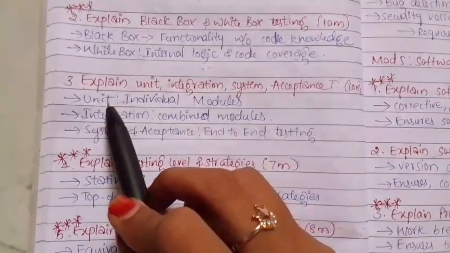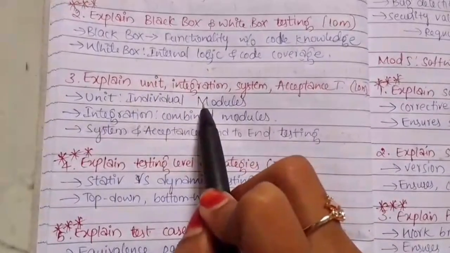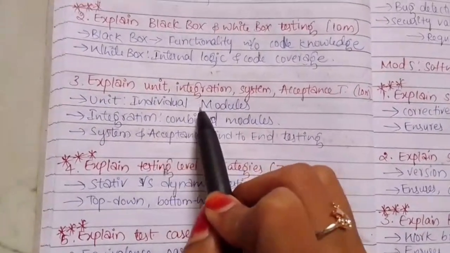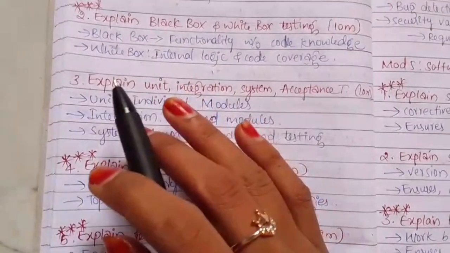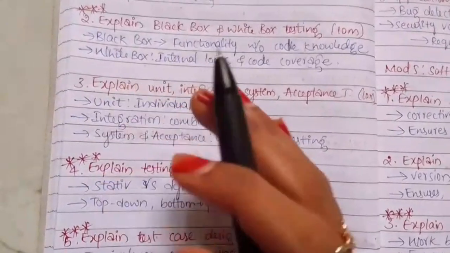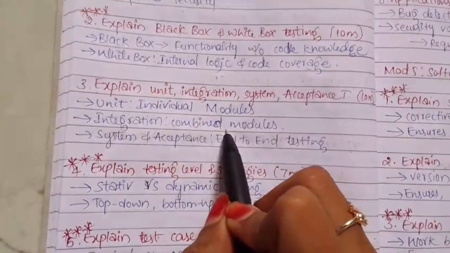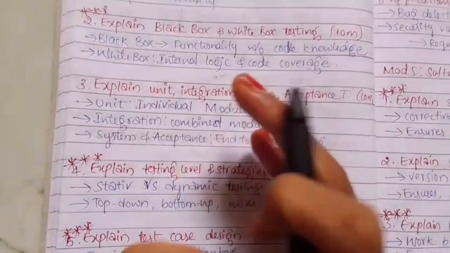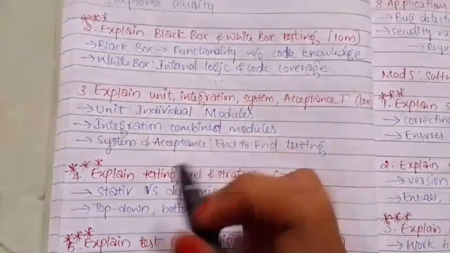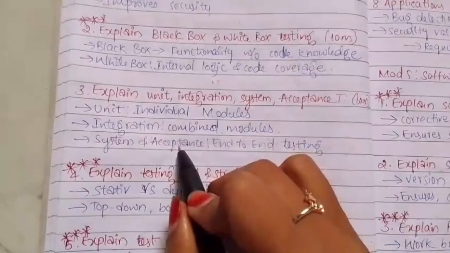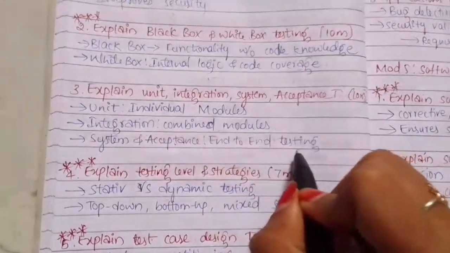That's why. Unit testing is individual modules. You will test the individual modules separately. You will test all the modules separately. Integration means combined modules. You will test the combined modules. System and acceptance testing means end-to-end testing.